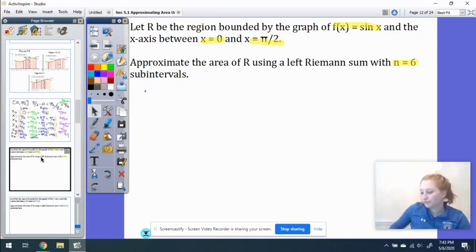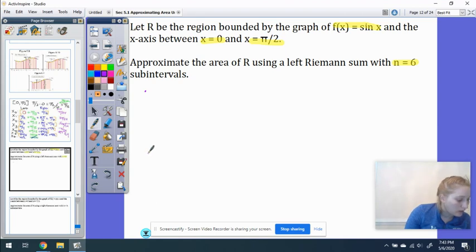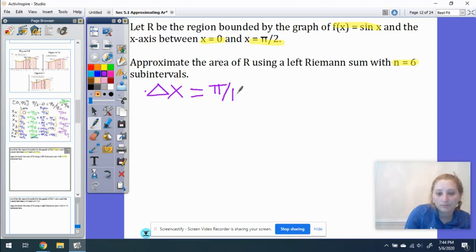All right, so let's try this again. All right, so we are caring about the left intervals. And so what we're going to do is our length, that was pi over 12, right? And so then what we're going to do is we are going to take and we are going to multiply that by the value of each of the left bounds of our interval substituted in to the sine.